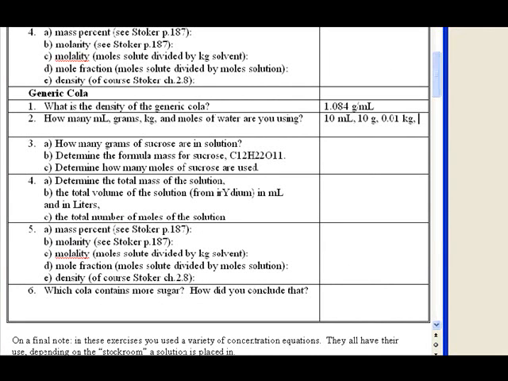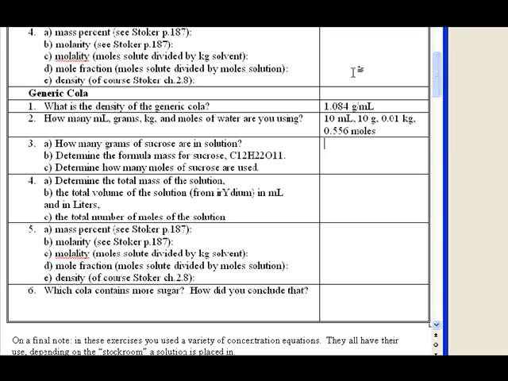Well, water is H2O, so it has a formula mass of 1 plus 1 plus 16, so we divide 10 grams by 18 grams for the formula mass, and we come up with 0.556, rounded, moles of water that we're using.